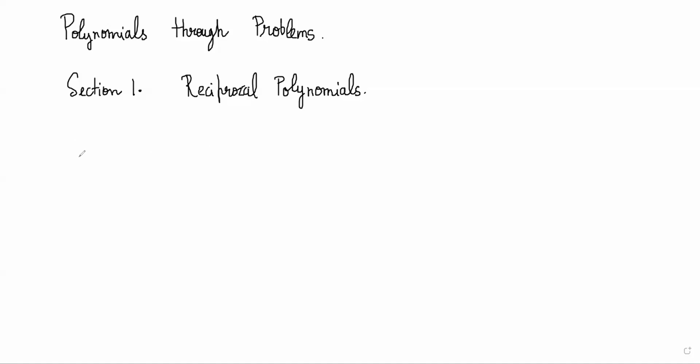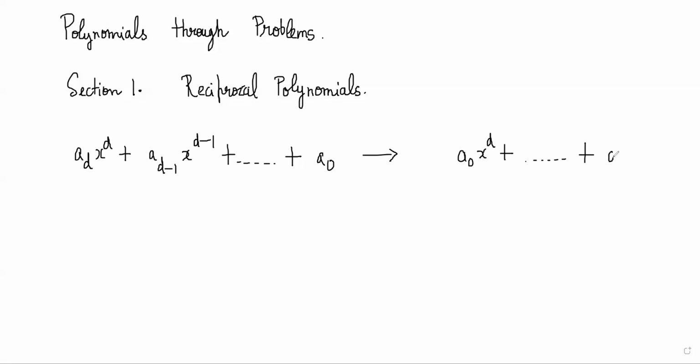So basically, if you have a standard polynomial like this, a_d x power d plus a_(d-1) x power d minus 1 and so on till a naught, which is the constant term, we may try to convert this to a reciprocal polynomial which looks like this: a naught x power d plus so on till a_d.